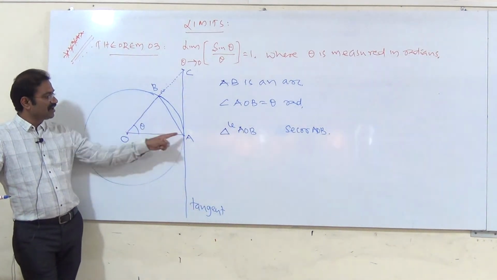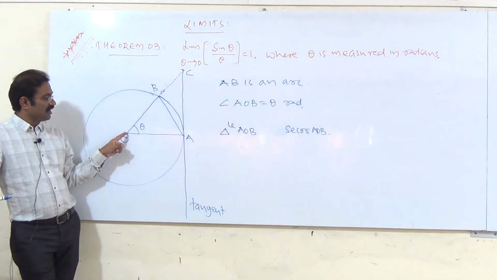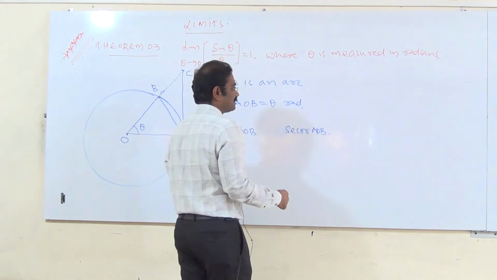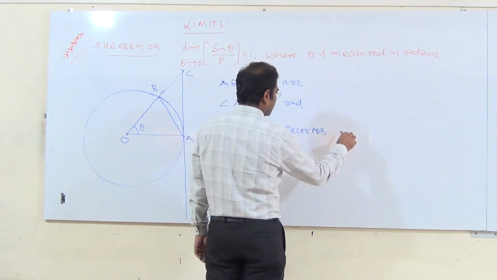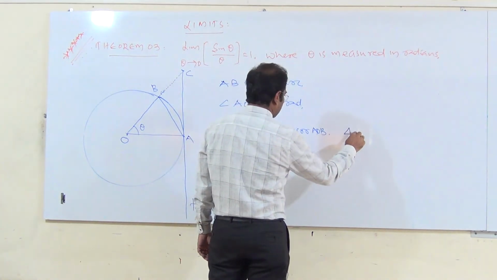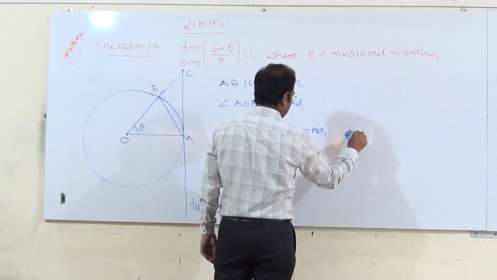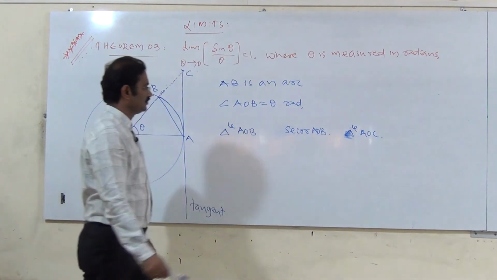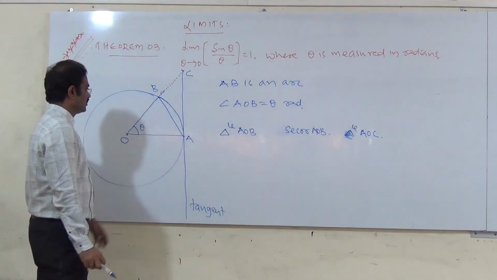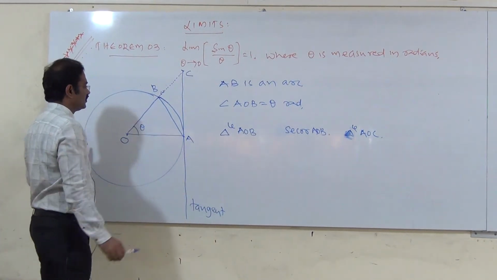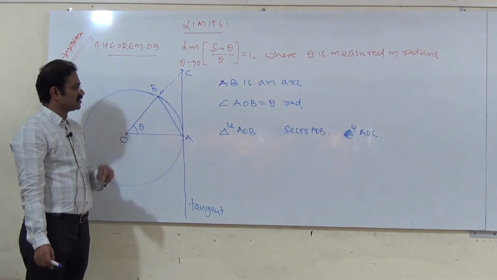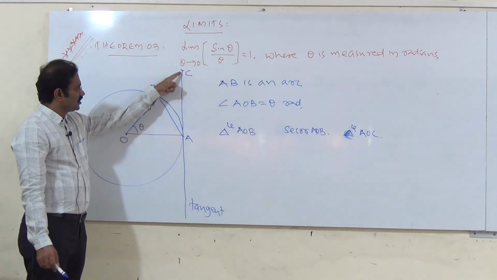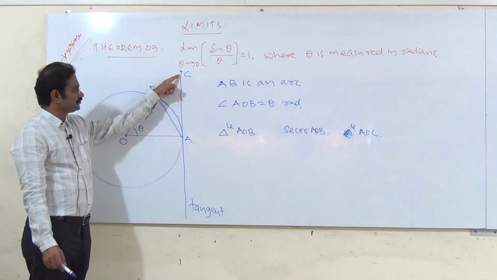There is one sector AOB. And there is one big triangle, AOC. There are three: a small triangle, a sector, and the big triangle. If you observe carefully, this is the big triangle.